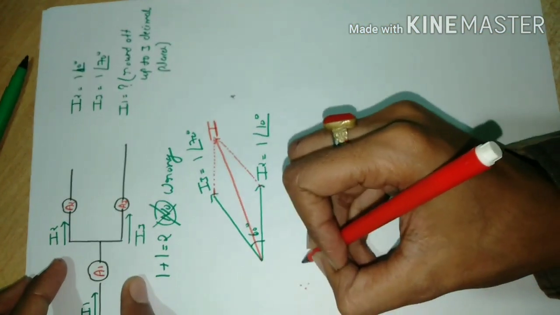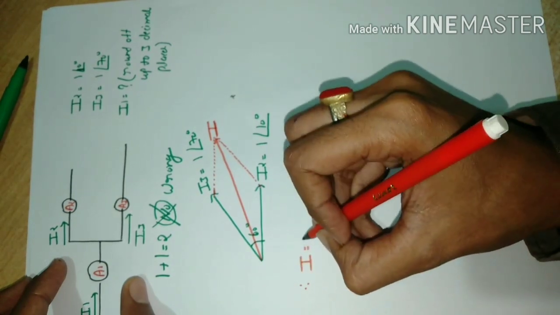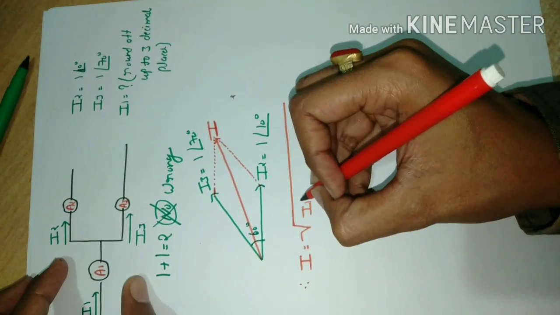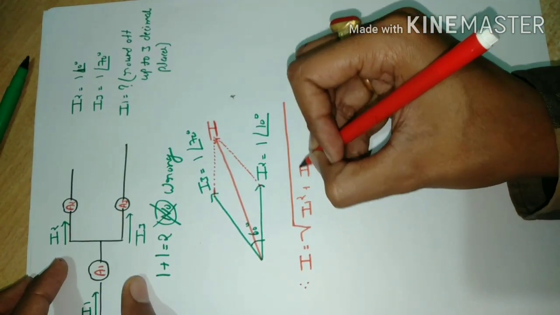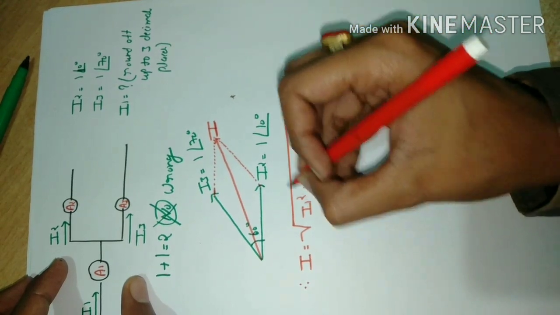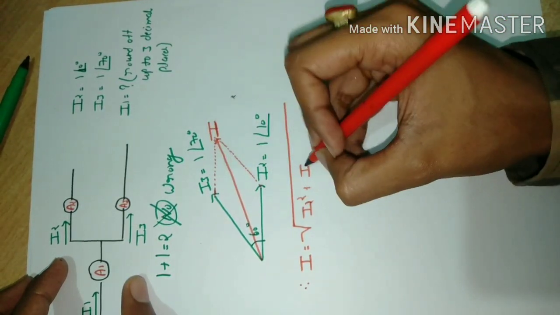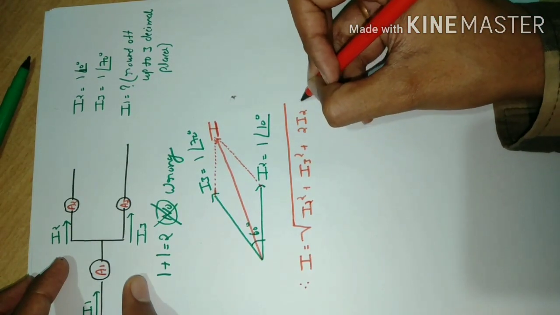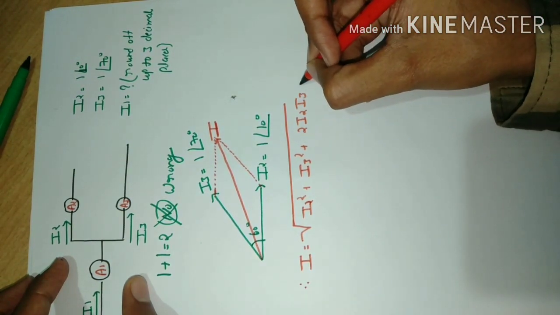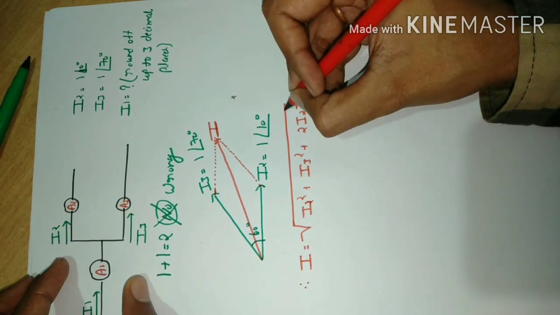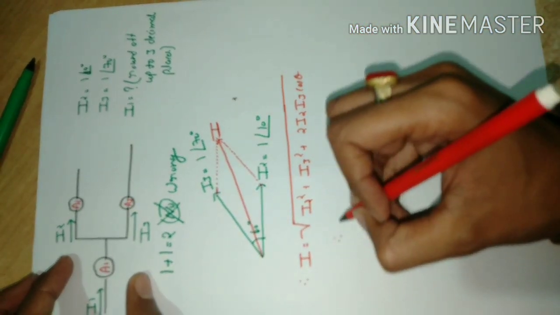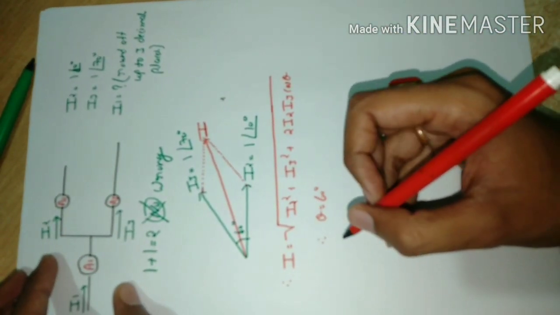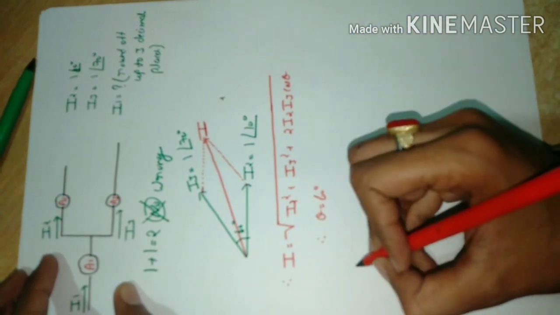We know the formula of the parallelogram: I equals under root of I2 square plus I3 square plus 2 I2 I3 cos theta, where theta equals 60 degrees. Substitute the values here.